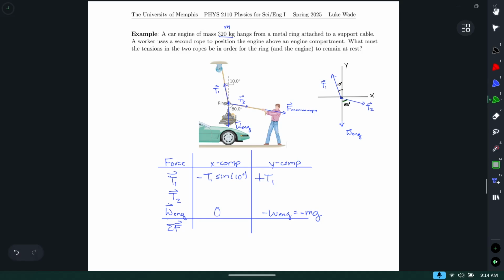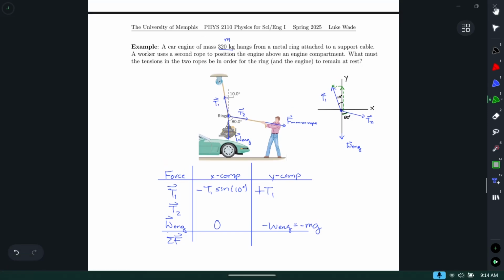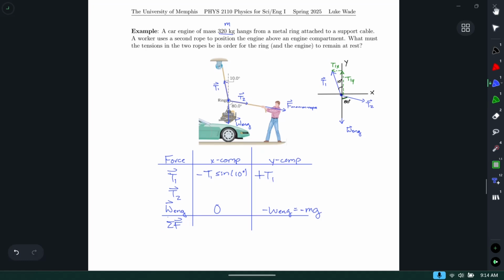So if we look at our picture, hopefully you did sketch in the components, because you should have. Those are our two components. This is T1Y, T1X, and what we're finding right now in our table is T1X. It points to the left, and it is opposite the 10-degree angle, so we use sine. Then for T1Y, we're finding it in our Y component column.